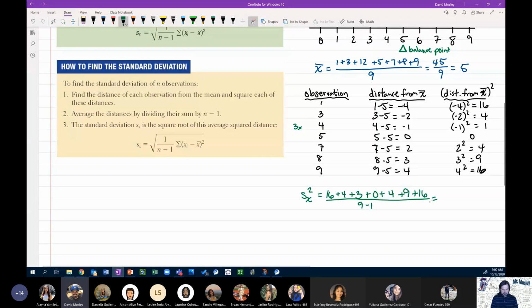This is when we get our calculator and add some things up. Yeah, 52 divided by 8.